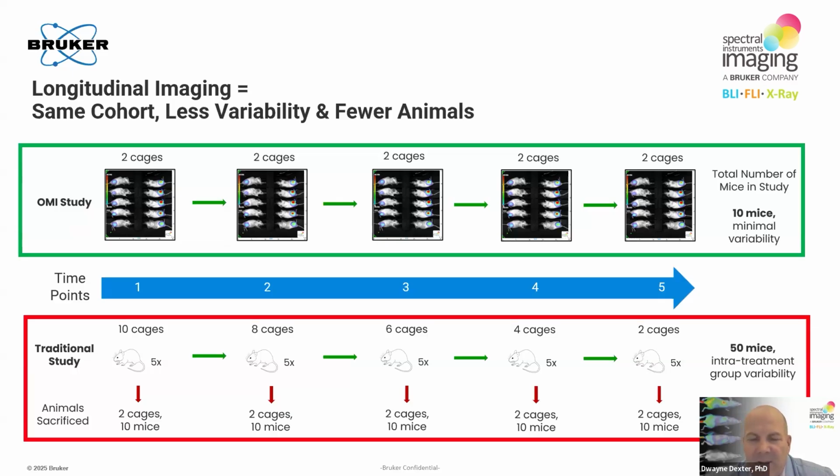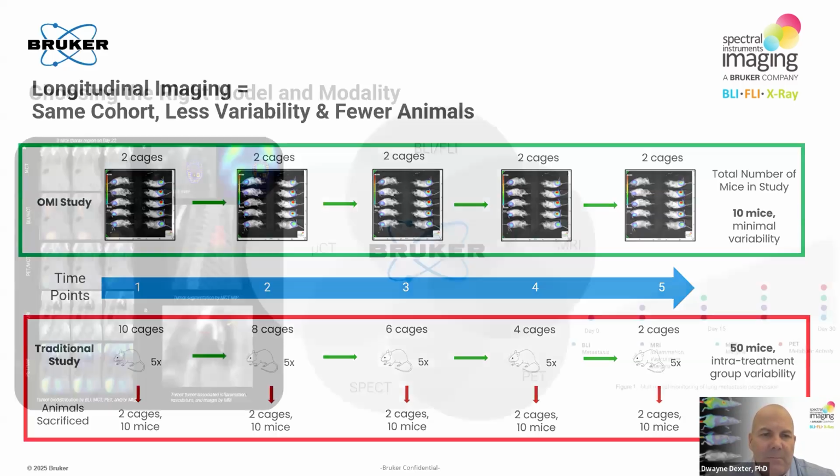And this was not only labor intensive but costly. You're using a lot of animals. With longitudinal imaging, in this case using bioluminescence, you can use the exact same cohort of mice across the entire length of the study, and utilize each individual animal in the cohort as a control unto itself. So this not only is a powerful approach, but it also starts to address the reduction in use of animals.